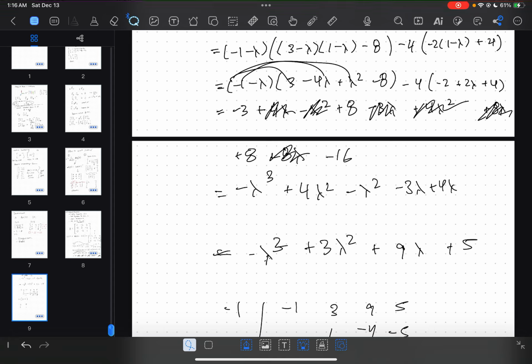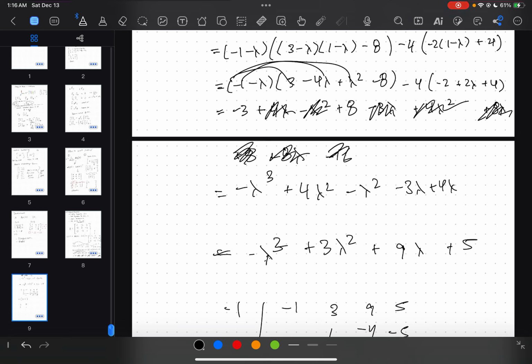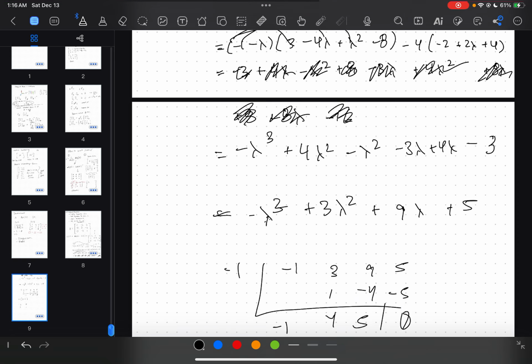So negative 16 plus 8, so minus 8. Minus 8. So this would be minus 3, which would become 3, minus 3 plus 4 is minus 1.